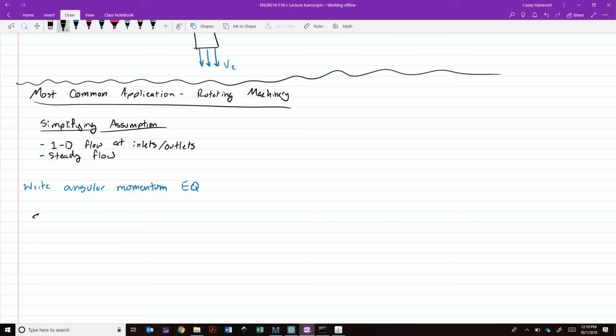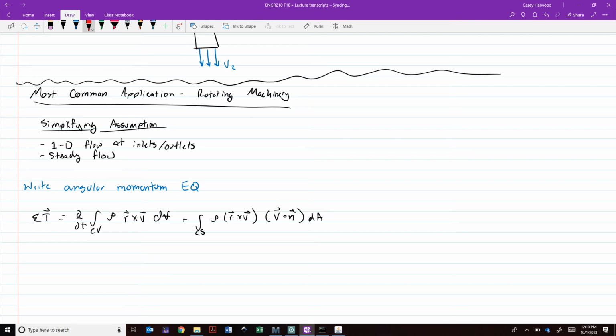In other words, the sum of the torques is equal to the time rate of change over the control volume of rho, r cross v, dV, plus the integral over the control surfaces of rho, r cross v, v dot n, dA.